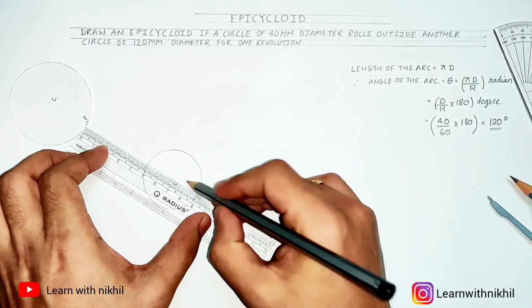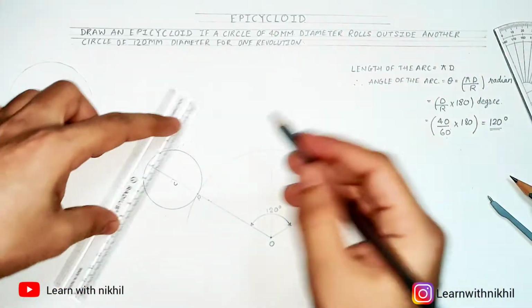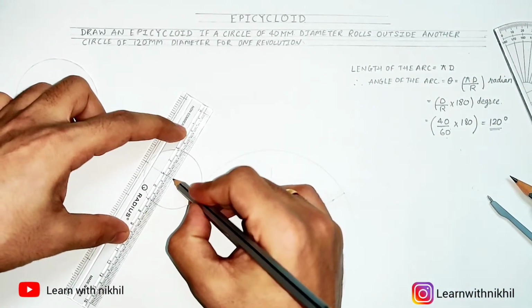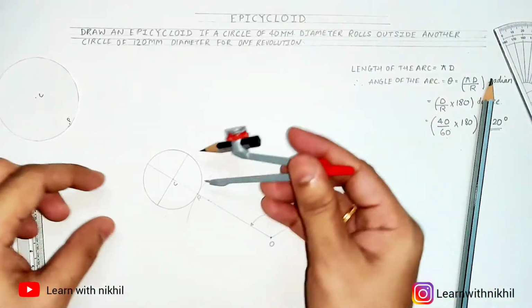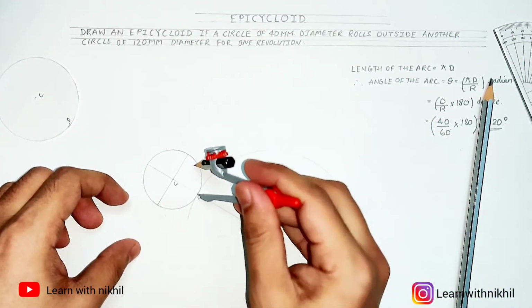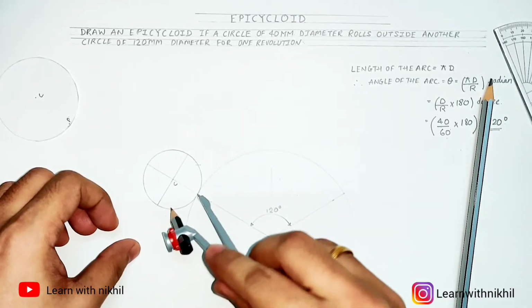Now the next step is that we have to divide the circle into 12 equal parts. You know the method to divide the circle into 12 equal parts. We'll take a radius and mark the arcs.